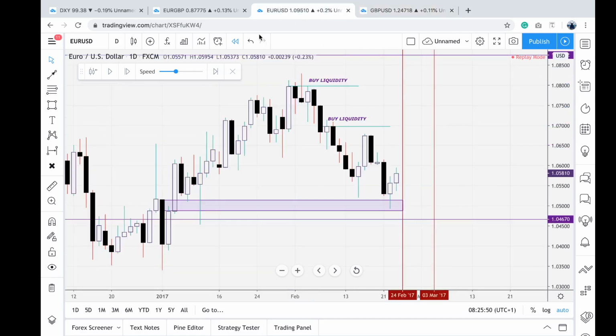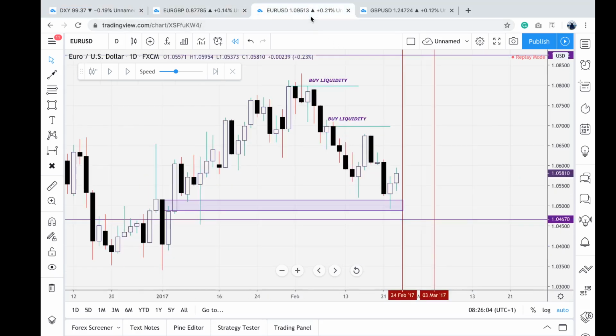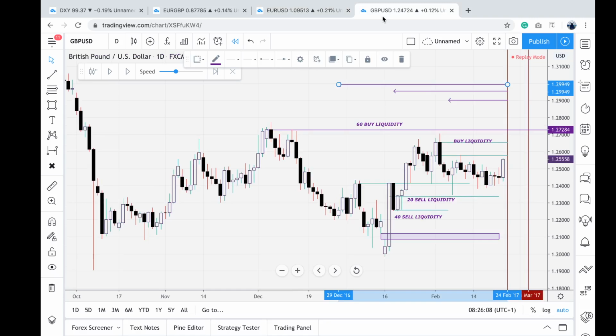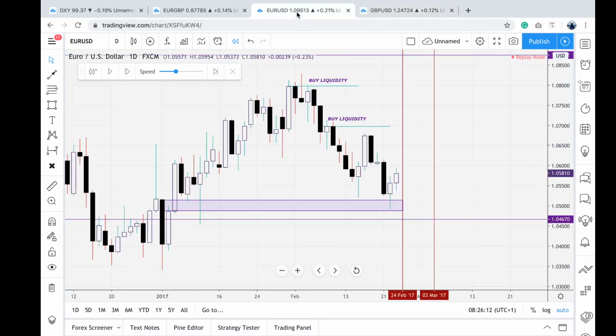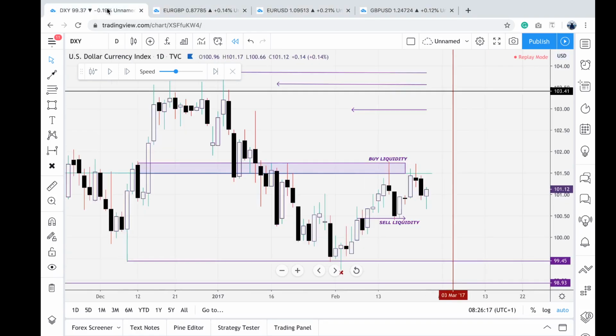We called the sells on the dollar as indicated by the DXY, and we're profitable. So far so good. February, utilizing only the daily time frame, we've been relatively profitable. So let's see what the DXY wants to do next.